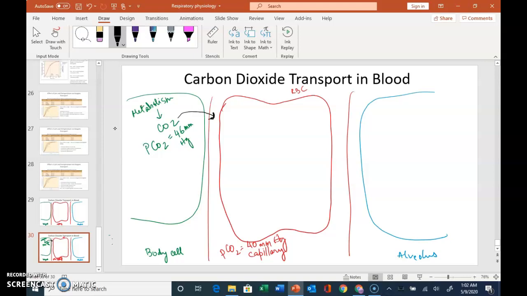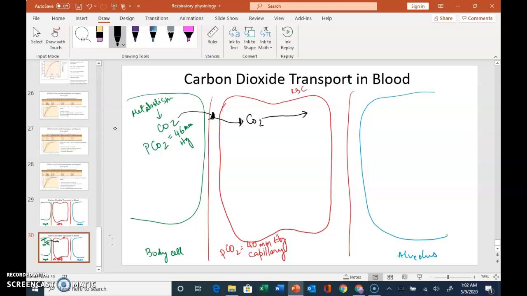But then it doesn't like to be in plasma. It's like, I should go to the RBC. So it enters the RBC. Okay. So the carbon dioxide now enters the RBC. So we have carbon dioxide here.